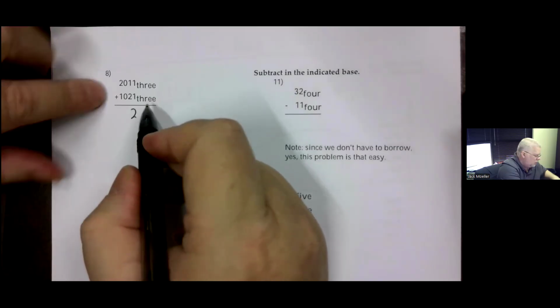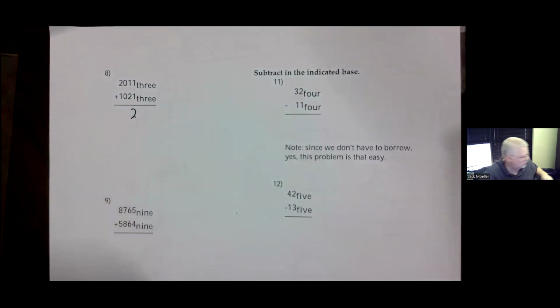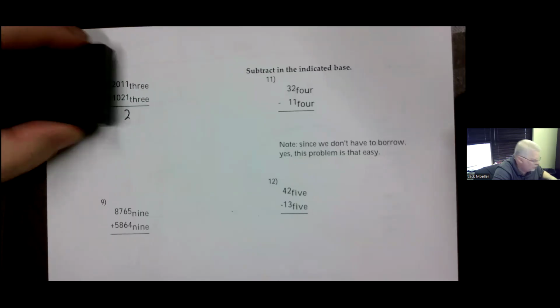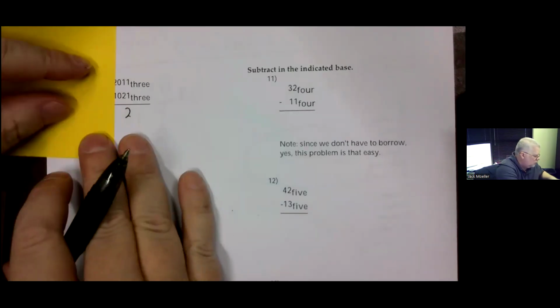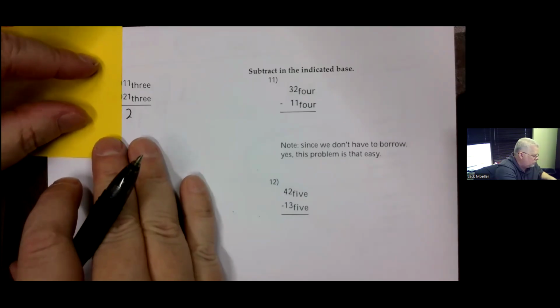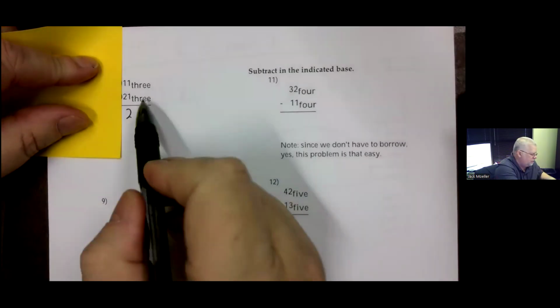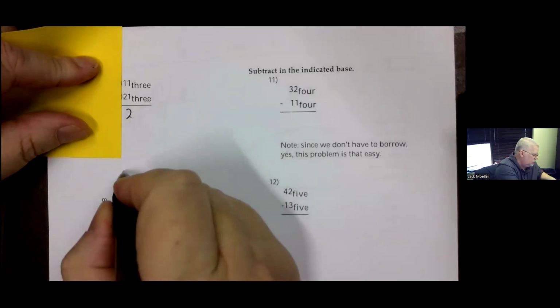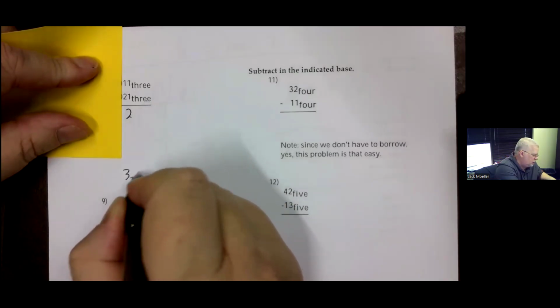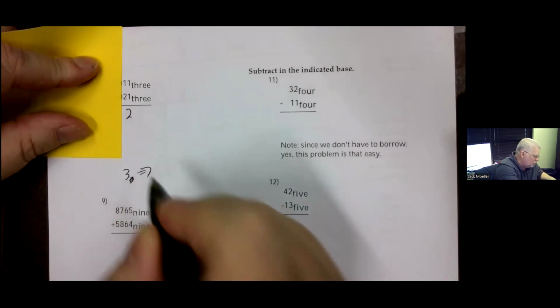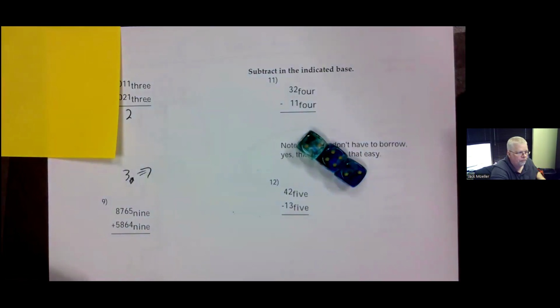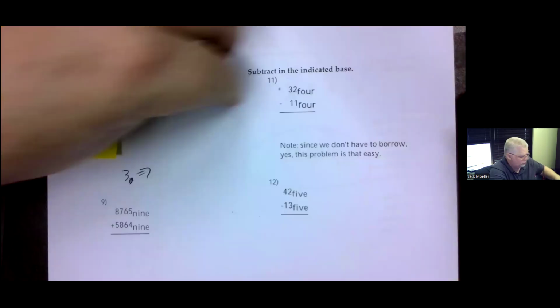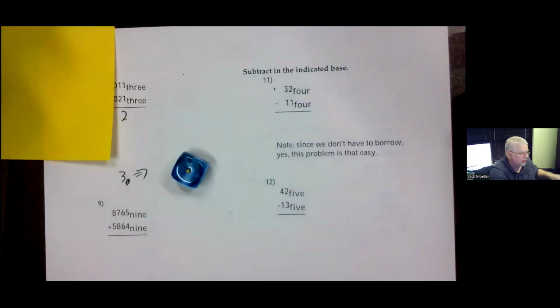We're good. Now 1 plus 2 is 3. The 3 is our base. So 3 in base 3 is, what we have to do is there are 3 in that column, so 3 of those will carry over to the next higher column.